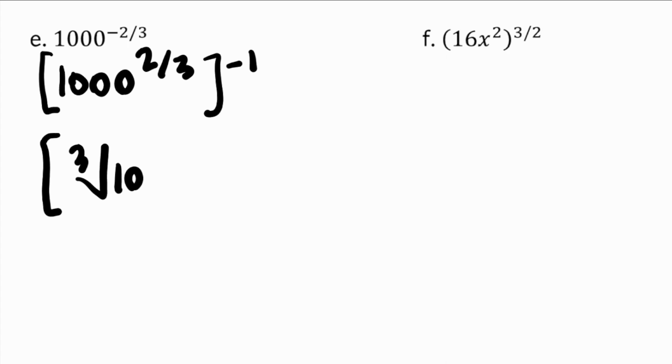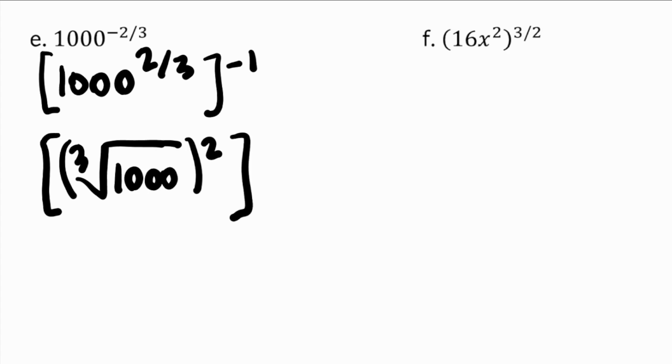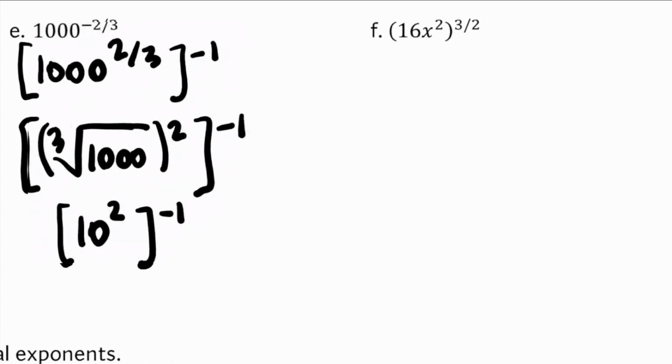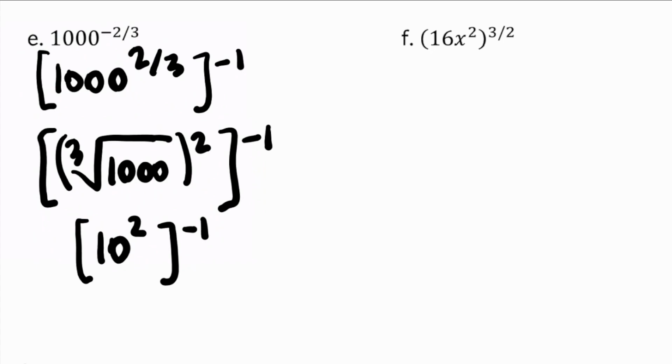That's the cube root of 1,000 squared, then taken to the negative 1st power. The cube root of 1,000 is going to be 10. Then I square that and take that to the negative 1 power. So 10 squared is going to be 100. 100 to the negative 1 is 1 over 100.